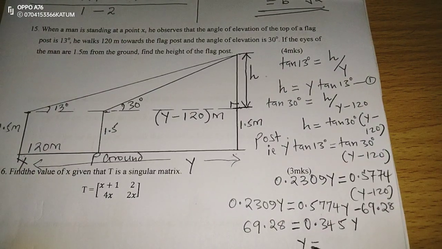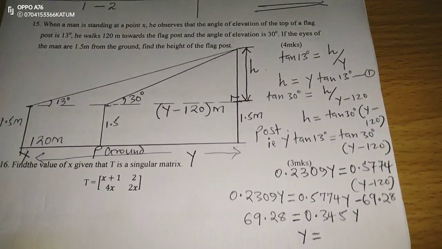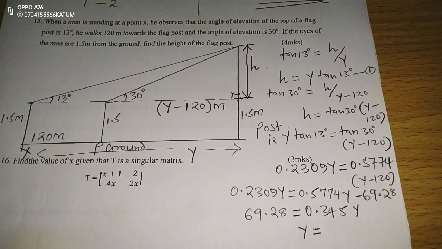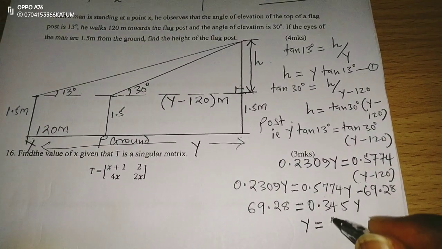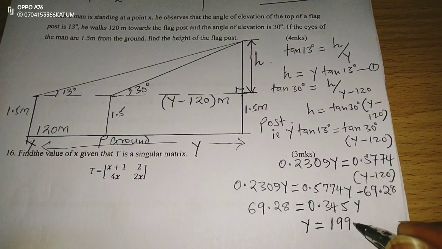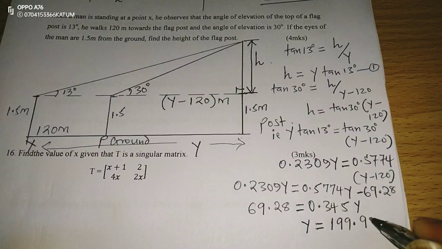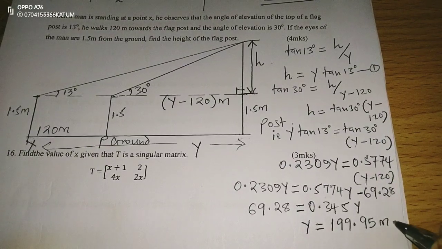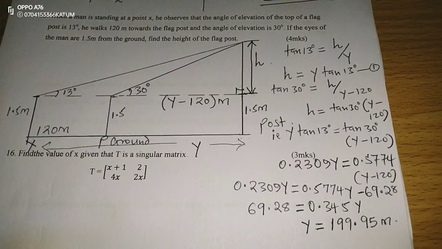To remain with y now, we will need 69.28 divided by this figure to give us 199.95 meters. So the value of y is known.